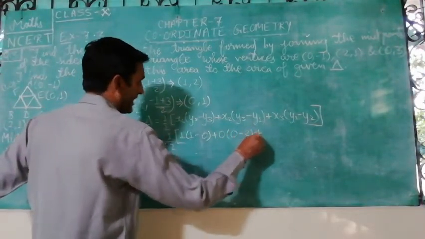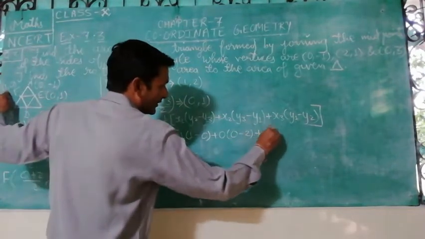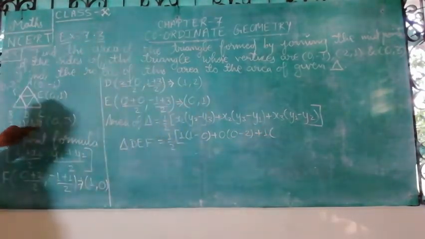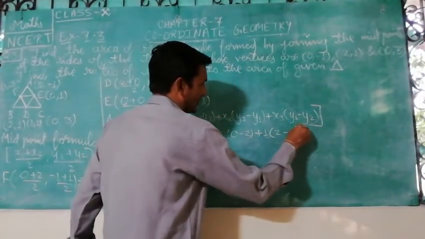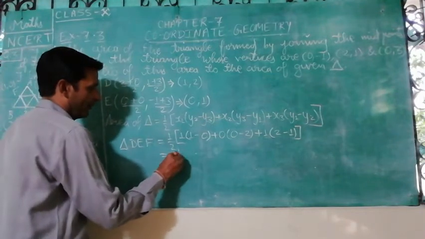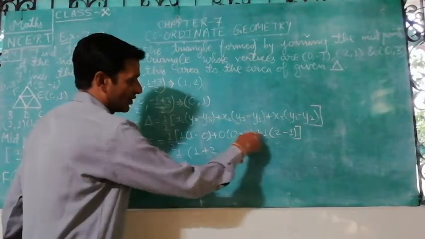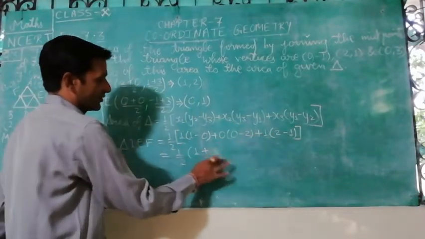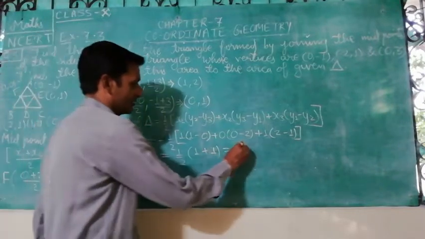And now plus x3, x3 is 1, into (y1 - y2), means 2 minus 1. So the result is 1/2 (1 + 1), sorry, it will be 1 only. 1 square unit.